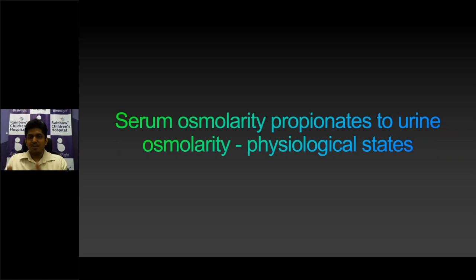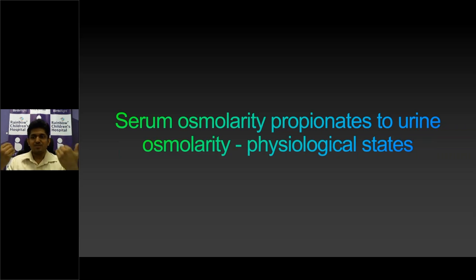So if the serum osmolarity is more, meaning there is more free water loss, how will the body compensate? There will be an increase in AVP, there will be more free water absorption, thereby the excreted urine will have less free water and urine osmolarity also goes up. So in a normal physiological response, the serum osmolarity and the urine osmolarity rise or fall simultaneously.